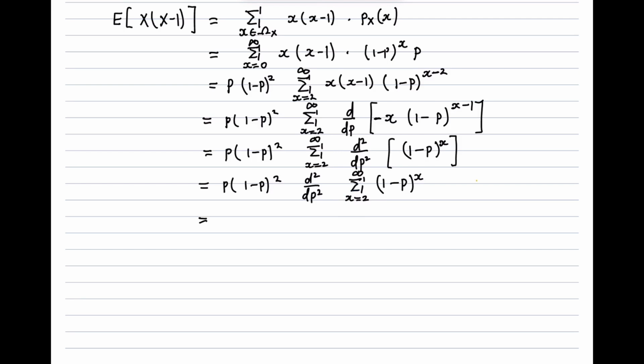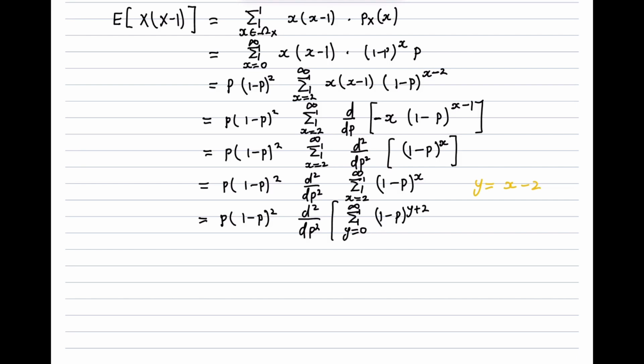We're going to set y equal to x minus 2. We can then transform that second expression, d squared on dp squared, and write this as y equals 0 to infinity of (1 minus p) to the y plus 2.